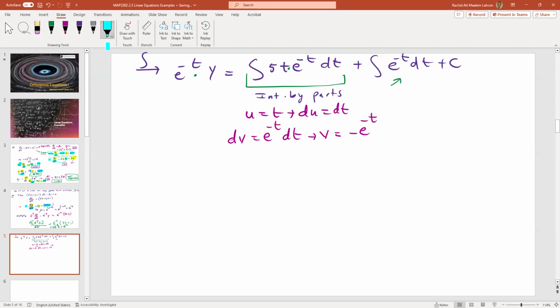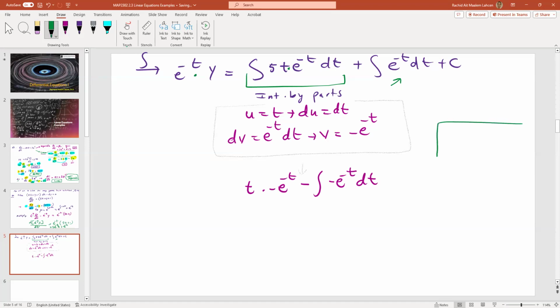Okay, so that's what is next. We're going to do that. It's uv, u times v, minus the integral of v du, which is dt. All right.